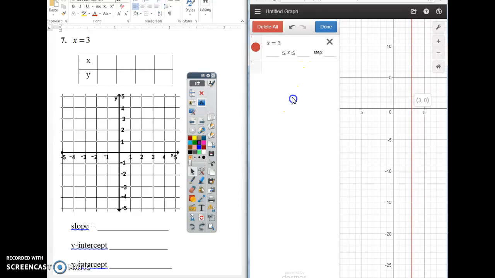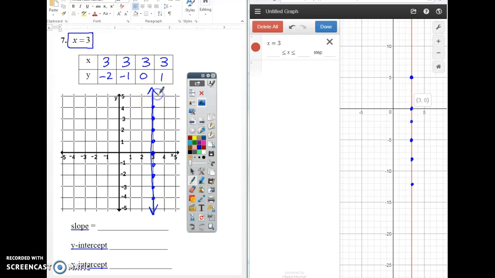So we're just going to have to figure this out based on the last one that we just did. So I know that x equals 3, that means all my x's should be 3's. The y's, those numbers don't matter, right? Because look, this is 3, this is 3, this is 3. All of these are 3. So I don't care what number you pick for the y's, -2, -1, 0, 1, I don't care, 100. You should get the same thing. So all your points should make a vertical line at 3 on the x-axis.